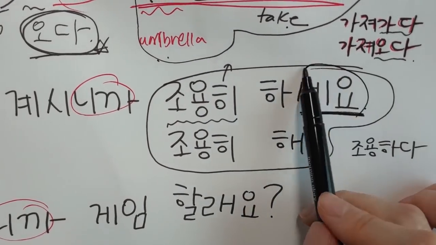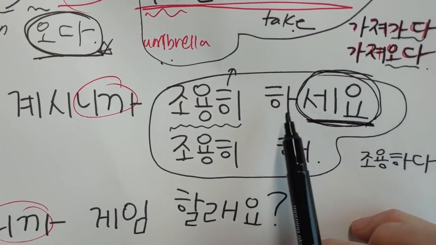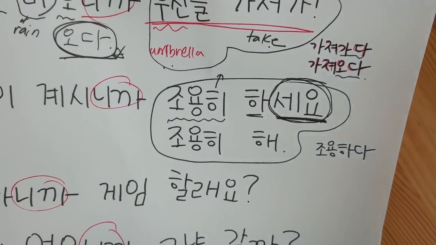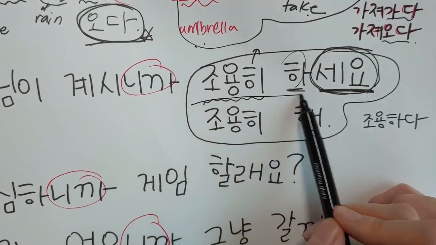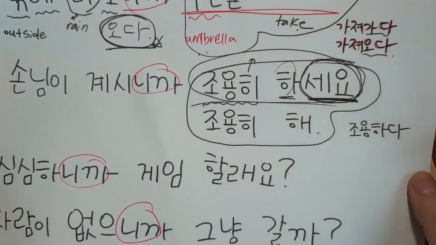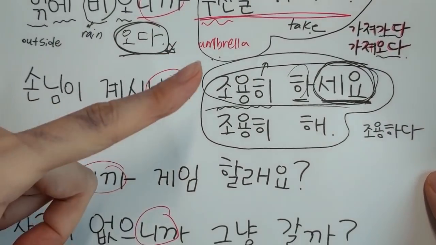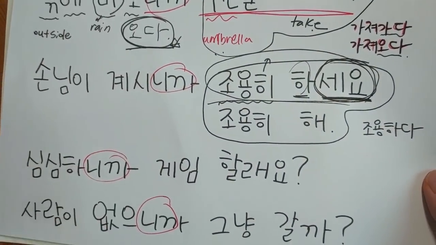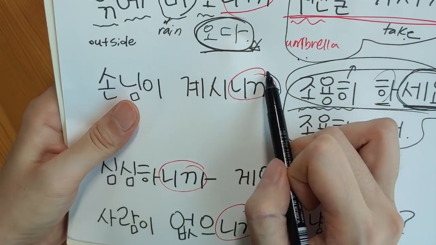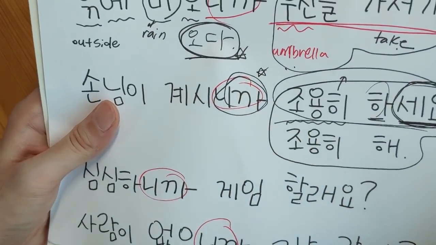We learned that by putting 세요 after a verb, you're politely asking someone to do the verb, right? So 조용히 하세요 means please be quiet. And it is in imperative mood, right? Because you are asking the other person to be quiet. So in this case, using 니까 is correct.